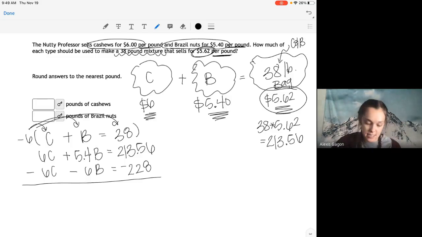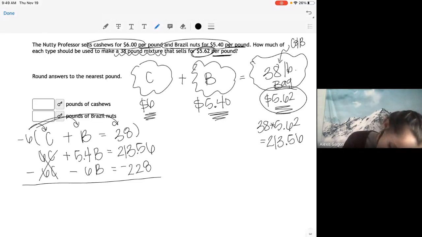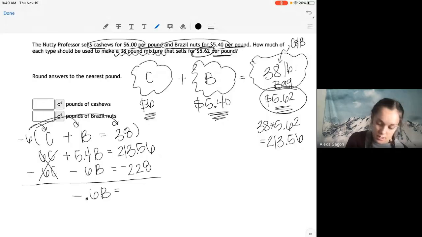So the 6 C's cancel. 5.4 minus 6 is -0.6 B equals 213.56 minus 228 is -14.44.